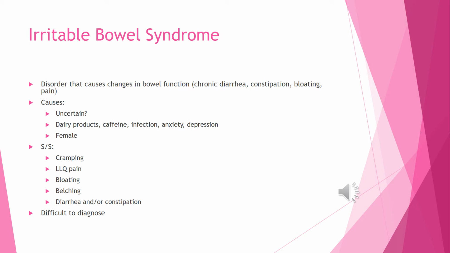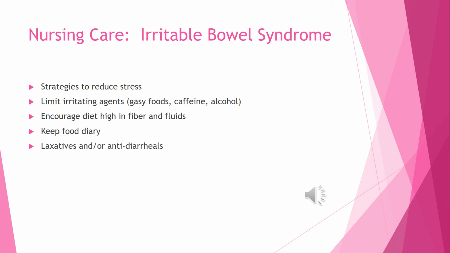So again, that pain is in a little different location than it is with Crohn's disease. Same as ulcerative colitis, and there'd be a differential there if the diarrhea was excessive and bloody, which would make you think ulcerative colitis. So the nursing care with IBS is obviously strategies to reduce stress, and we visited in class about sometimes it's not actually the stress but the perception.